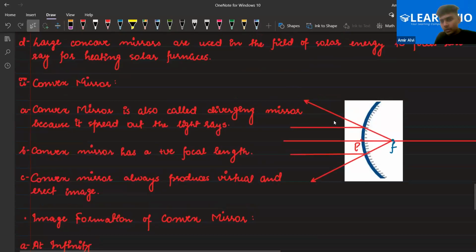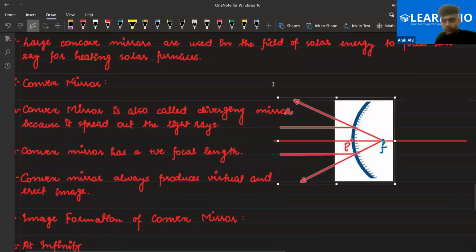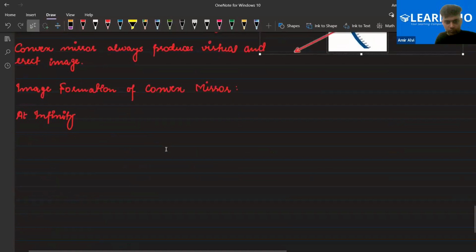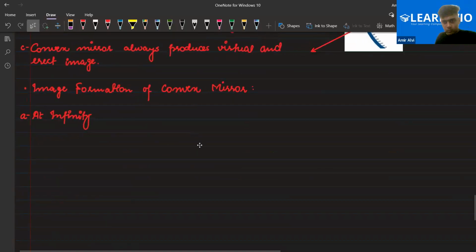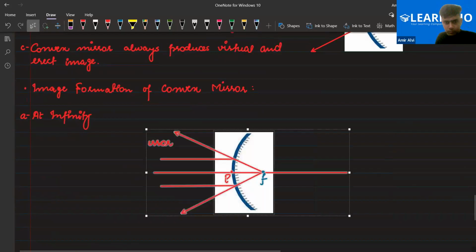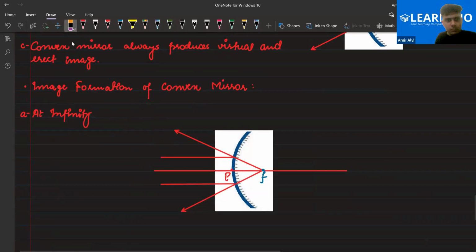So if you copy this thing over, this is the case where the light rays are parallel because the object is at infinity. Yes or no, everyone? So the image formed would be at focus, and this one is your center of curvature.